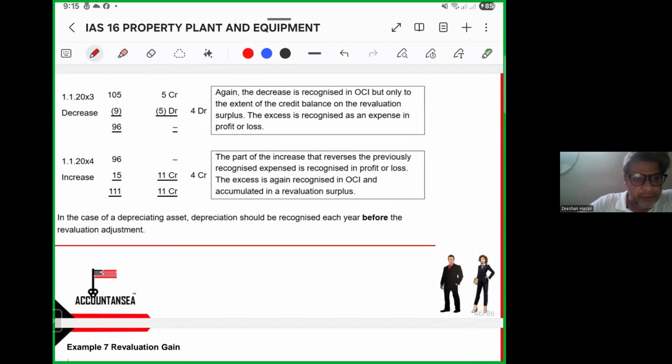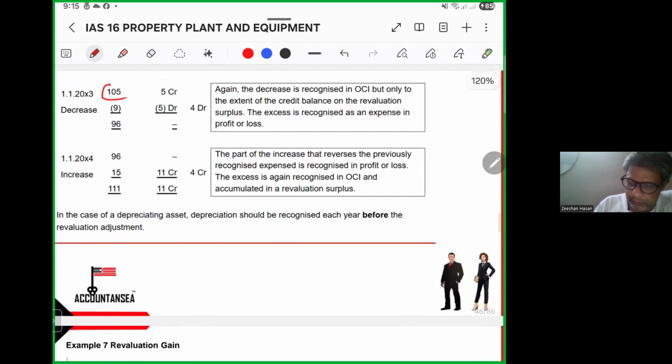Now, another example. On 1st January 20X3, its value is now 105. Further, its value has decreased by 9. Now, the carrying amount of the asset is 96.